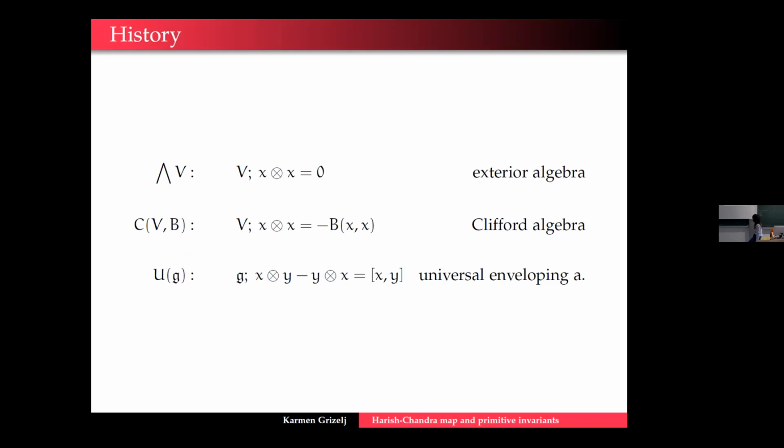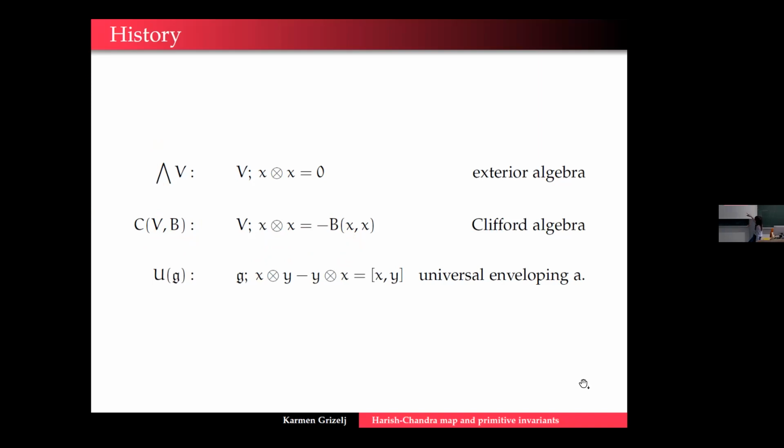The Clifford algebra is somewhat similar. To define a Clifford algebra, you not only need a vector space, you also need a bilinear form, which I already defined. Again, you will have the algebra generated by V, but this time with the relation that x times x is minus B(x,x).